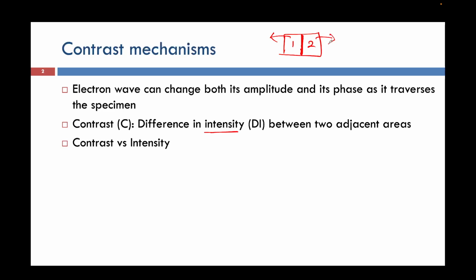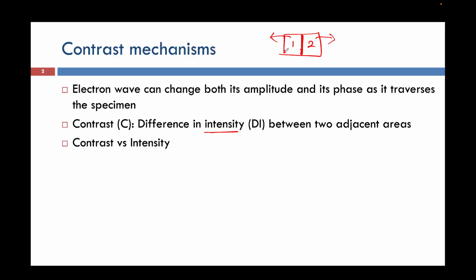If I am able to quantify that, and there might be a number of regions in your sample, then we go for the contrast variation. So contrast is nothing but the difference in intensity.